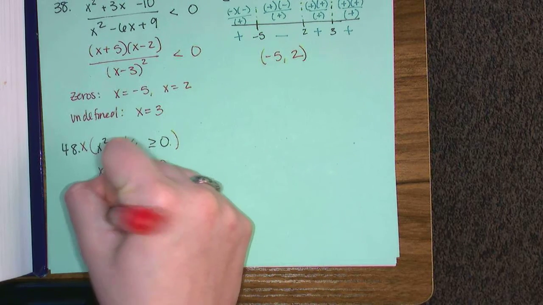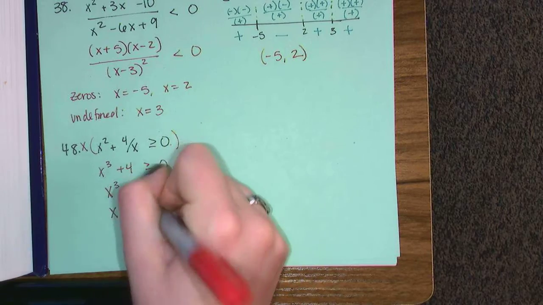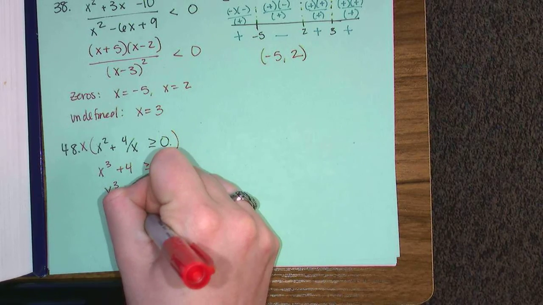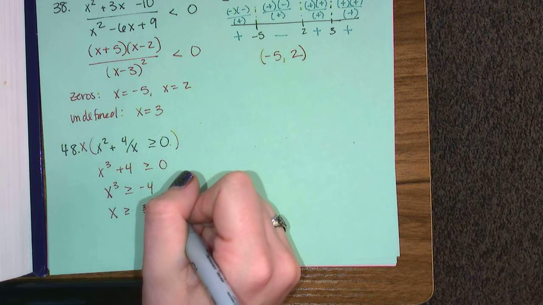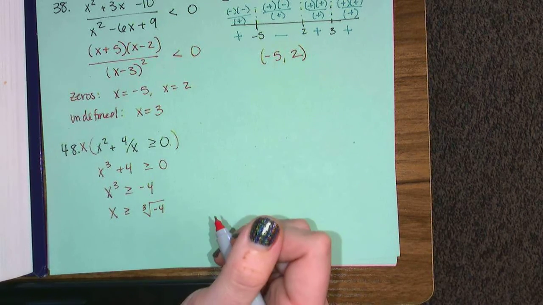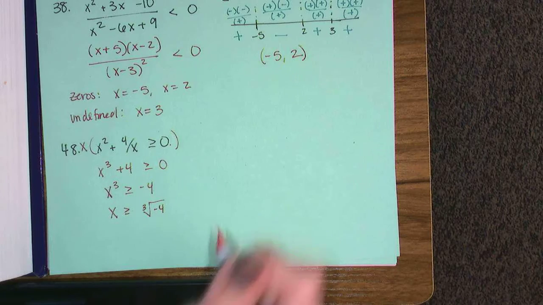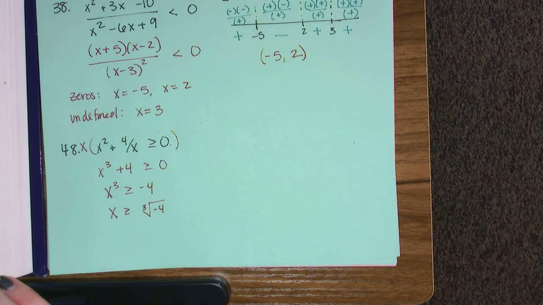So when we're taking the cube root, it's technically not plus or minus. It's just that. I need to check something though, because the book has that it's what?